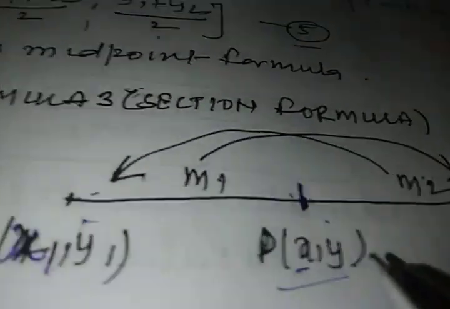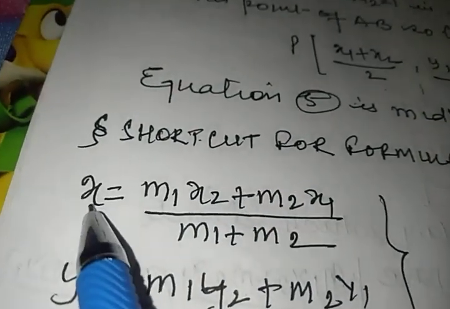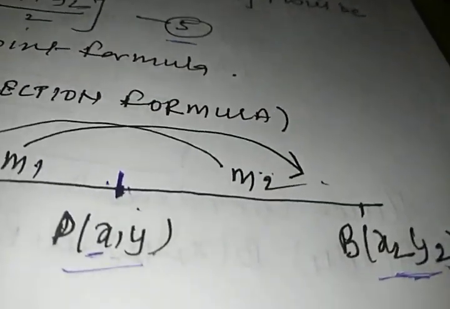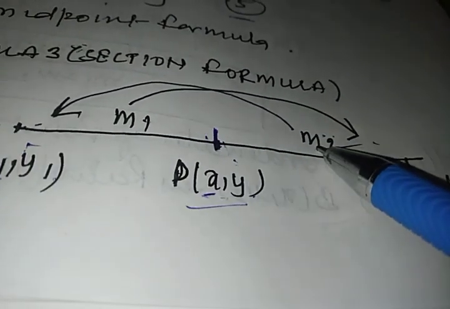Now suppose you have to find the X coordinate. For finding the X coordinate, this M1 will be multiplied by the X coordinate here, which is X2, so it will be M1 X2. Then this M2 will be multiplied by X here.